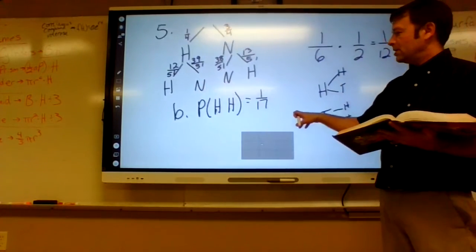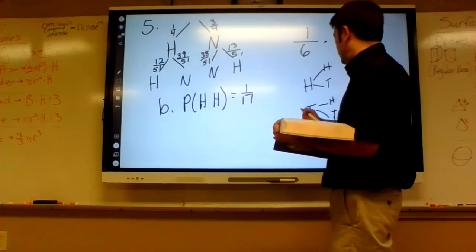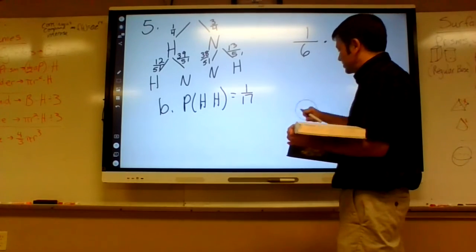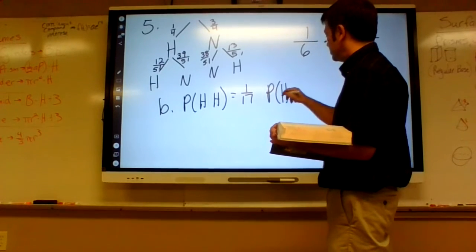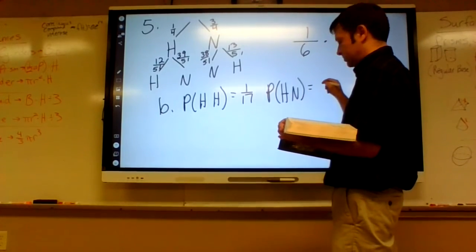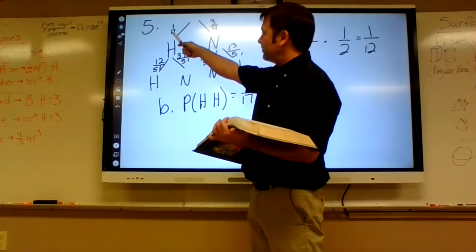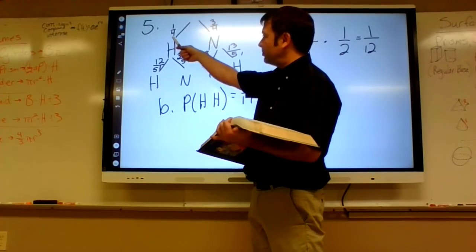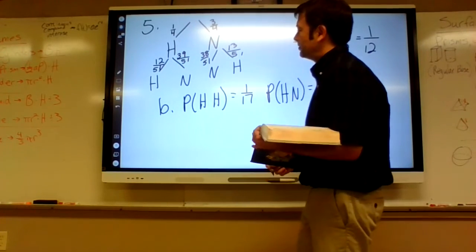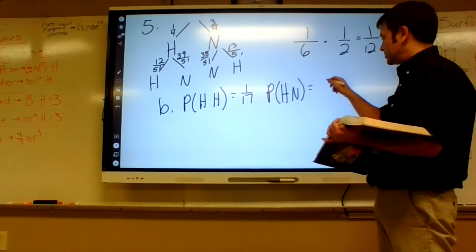Okay, so next one was the probability of hearts, not hearts. Hearts is 1 out of 4, not hearts is 39 out of 51. That would be this route: 1/4 times 39 out of 51, which is 13 out of 68.